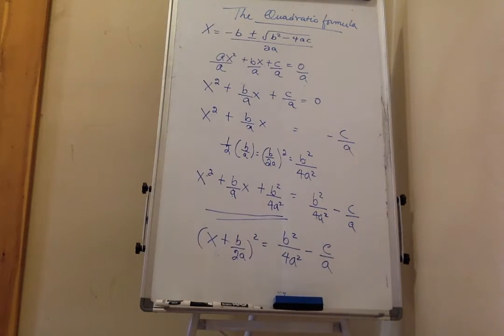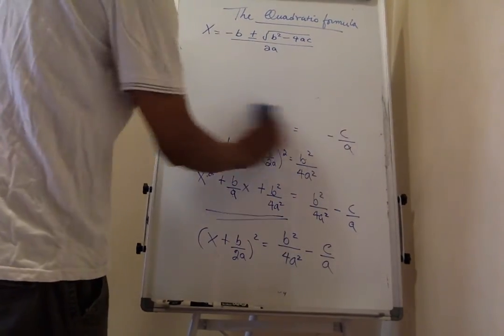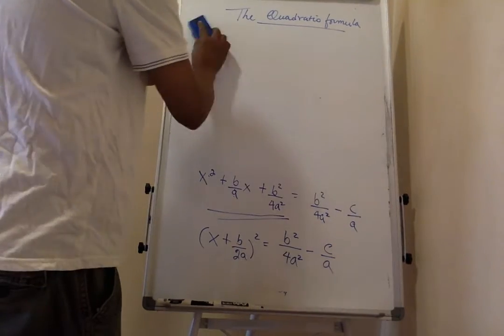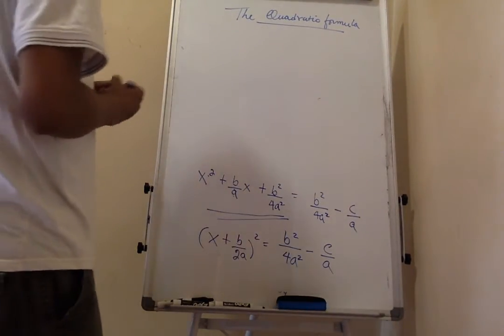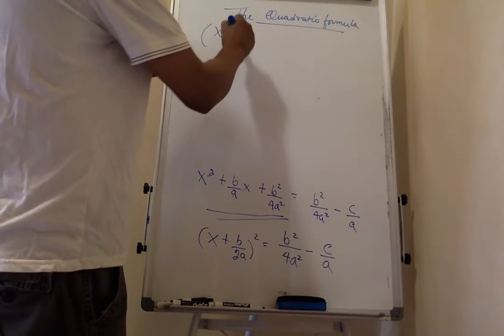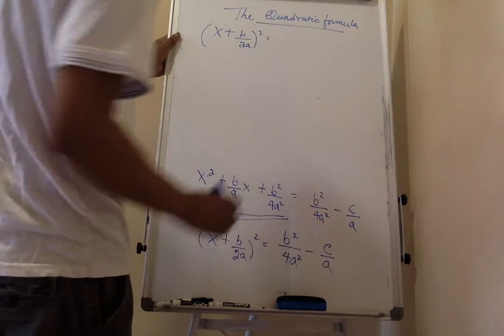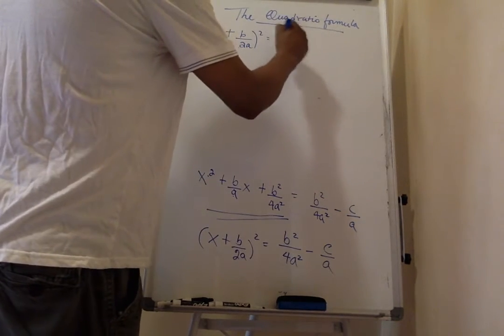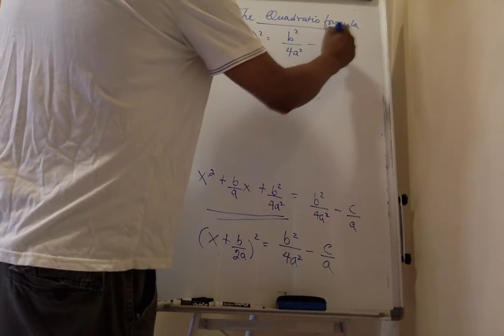So we end up with this equation. Okay? Now, let me rewrite that. So we have x plus b over 2a squared is equal to b squared over 4a squared minus c over a.